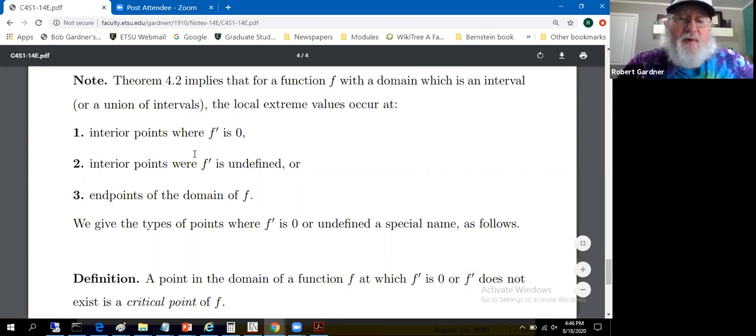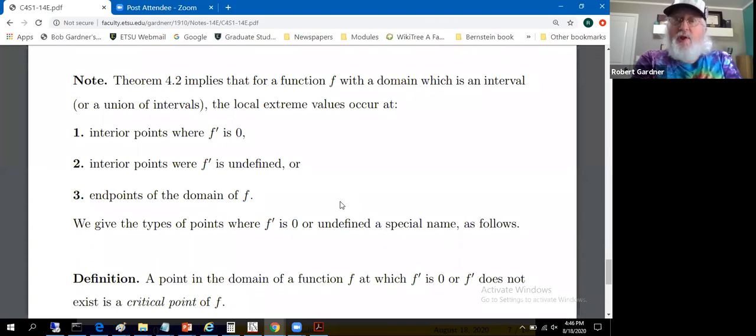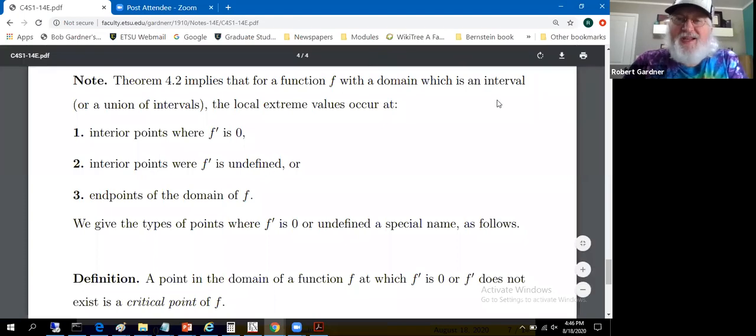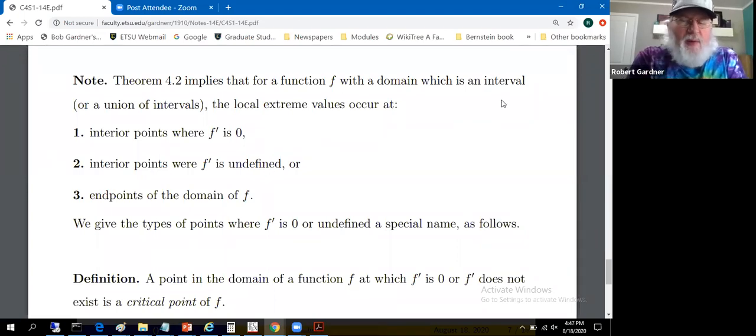So what this rather important note tells you is, here's where the local extreme values occur. They occur where the derivative is 0, where the derivative is undefined, or at endpoints of the domain, assuming the domain's an interval, and it'll almost always be for us. Probably always.